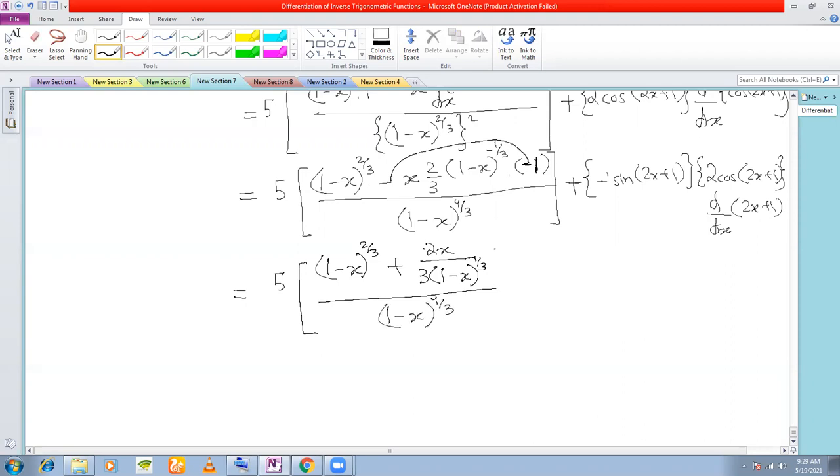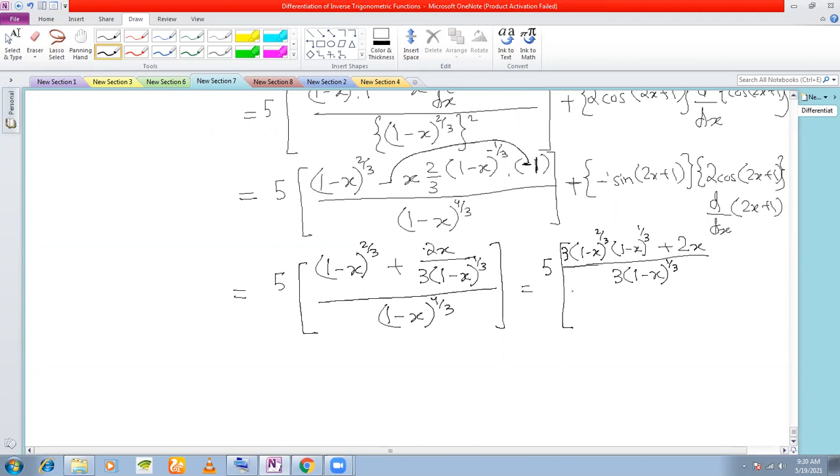Now you take the LCM in the numerator. If you take the LCM in the numerator, you're going to get thrice (1 minus x) to the power of 1/3 and (1 minus x) to the power of 2/3 into (1 minus x) to the power of 1/3 plus 2x, and that's going to be 3 here also.